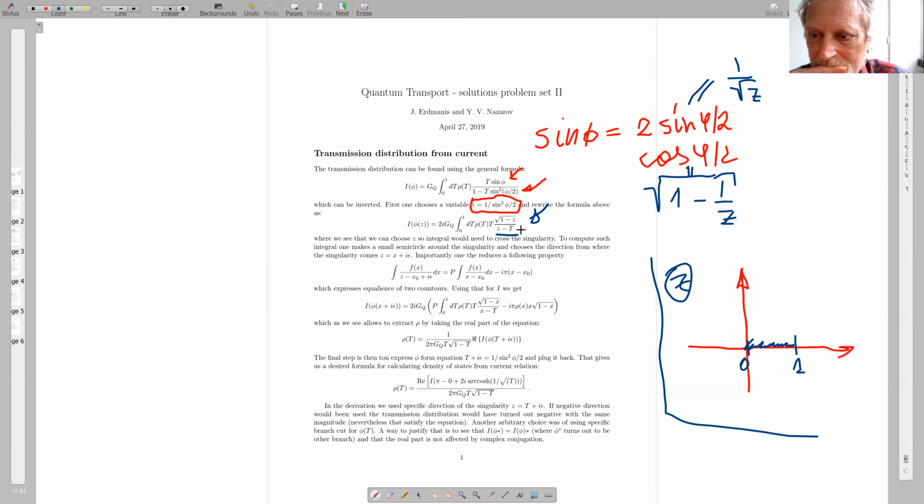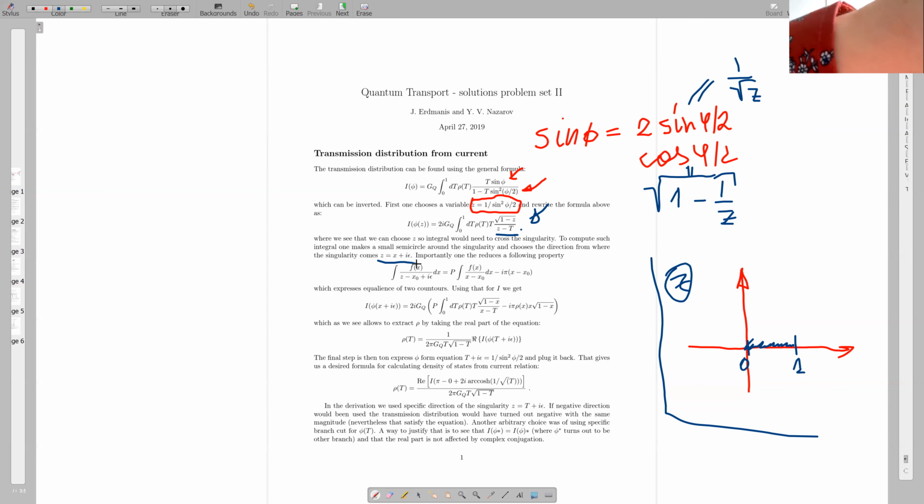And if z is in this interval, one has to be cautious, and one has to think about a small imaginary part of z, which is called epsilon here.